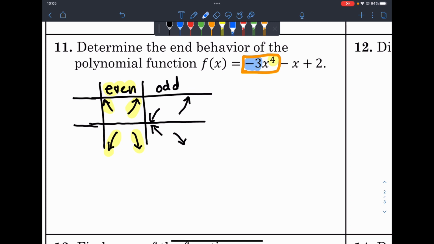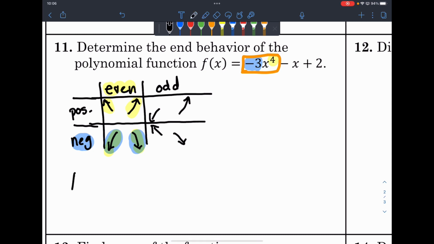In this situation, since that number is negative, the two ends of this polynomial are going to face downwards. If it was positive, it would face up. So here, being negative is going to be this.